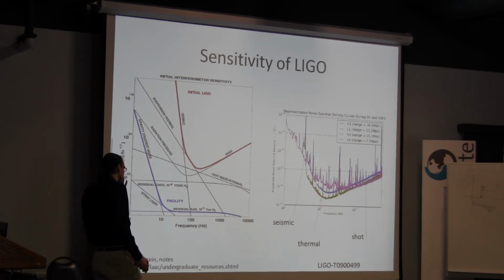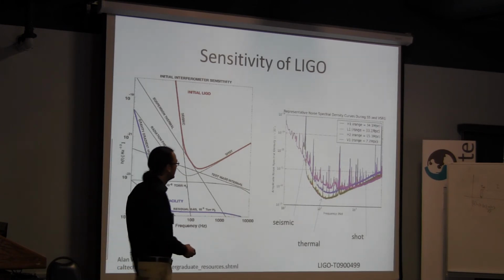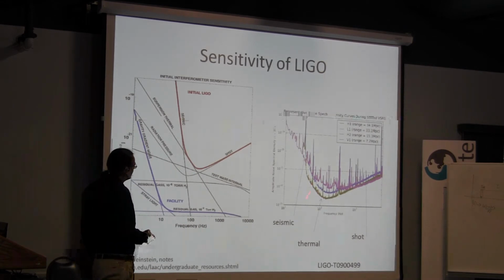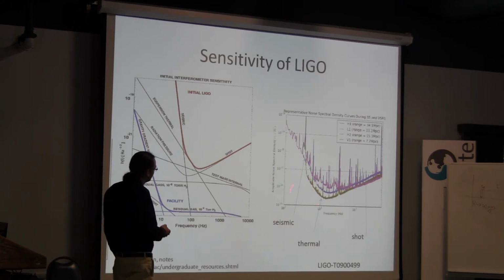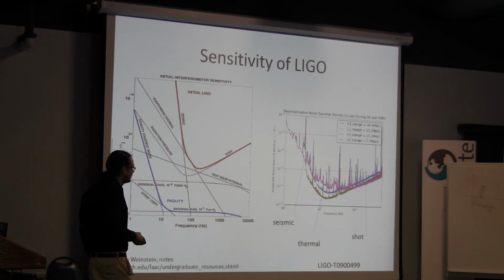If you're doing a measurement at really high frequency, then the cavity is no longer a good position sensor. And so we're seeing this effect here where we're limited by this photon shot noise. At lower frequency, the thermal noise of the suspension takes over more. And then at even lower frequencies, in the tens of hertz range, we're looking at seismic effects.